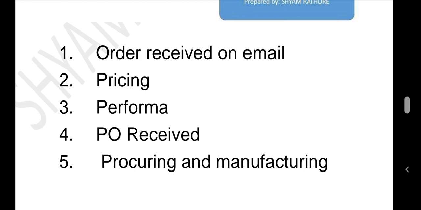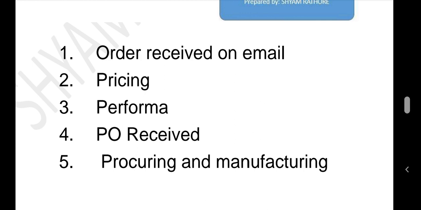Otherwise, if we do not pack our goods in the right way, the goods can be damaged on the way, and it will be a problem if the buyer rejects our goods after shipment arrival at the final destination. So we need to check all these things carefully, then export the goods.